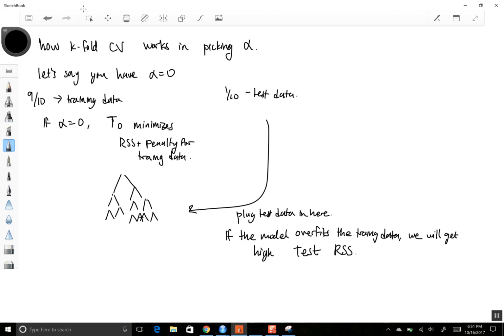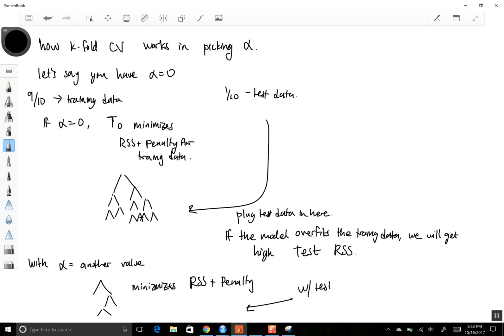Now with alpha equal to something other than 0, another value, maybe we find this tree minimizes the RSS plus penalty, and after fitting the test data, our test RSS is also small.